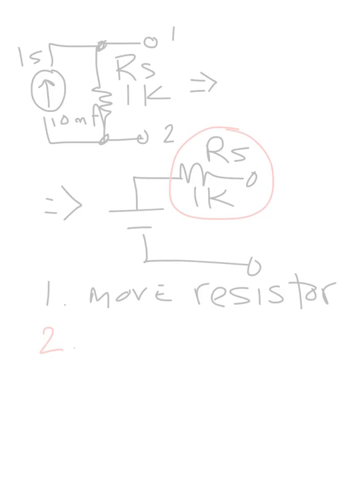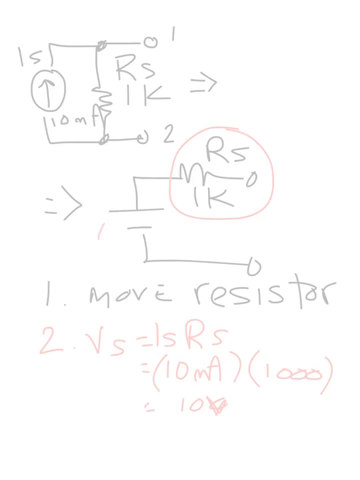Now, to calculate the voltage of the battery, it's I_S times R_S. And guess what? We have both of those. We have the current, it's 10 milliamps, and we have the resistor, it's 1,000 ohms, and if you multiply those out, the units cancel, and you end up with 10 volts.